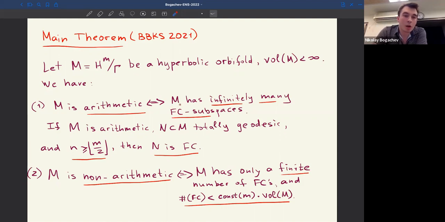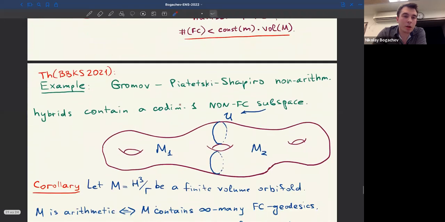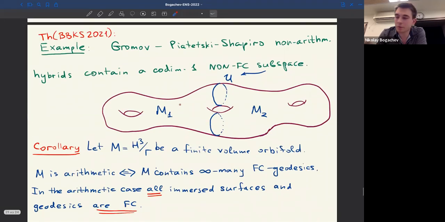In one of the other results of this paper, we show that Gromov–Piatetski-Shapiro hybrids, these famous non-arithmetic hyperbolic manifolds, are constructed as gluings of incommensurable blocks M1 and M2. So the corresponding lattices gamma 1 and gamma 2 are not commensurable, but in this case, we can get a non-arithmetic hyperbolic orbifold.